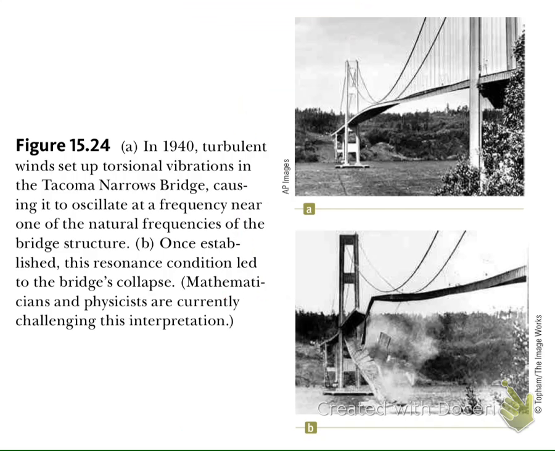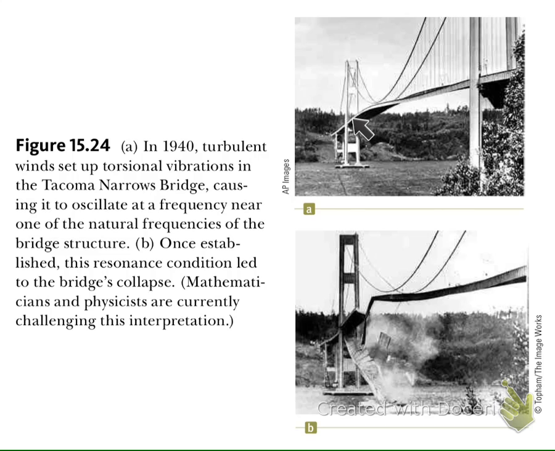The phenomenon is also important, as in this figure, which shows the collapse of a bridge. When the wind passes through the bridge, it makes the bridge oscillate, and if the frequency of the oscillation matches the natural frequency of the bridge, the energy transfer from the wind to the bridge will be at the maximum rate.